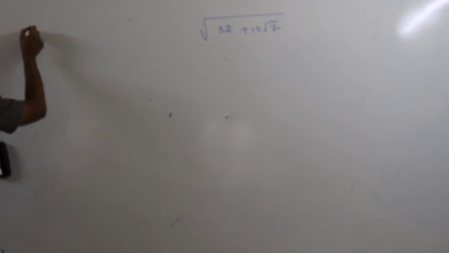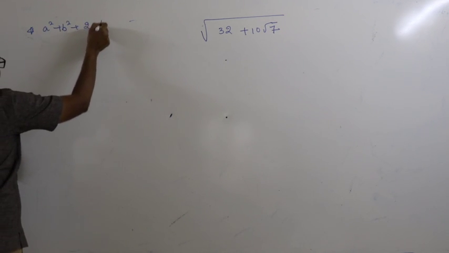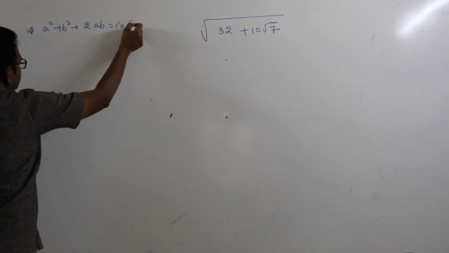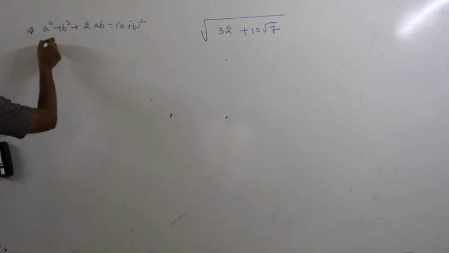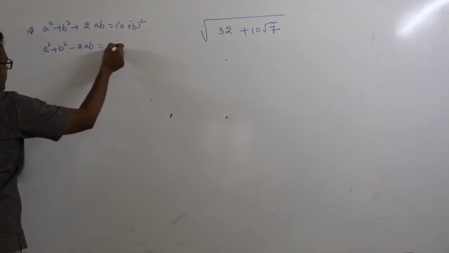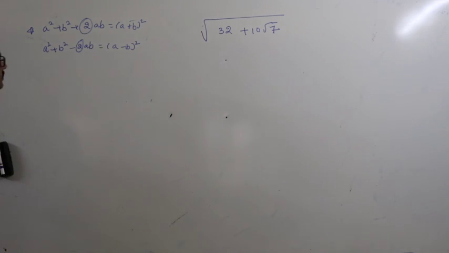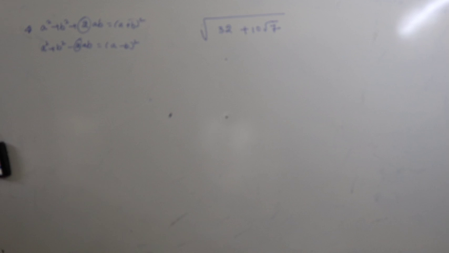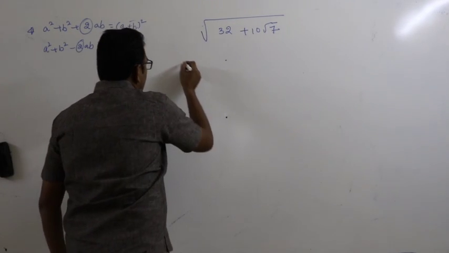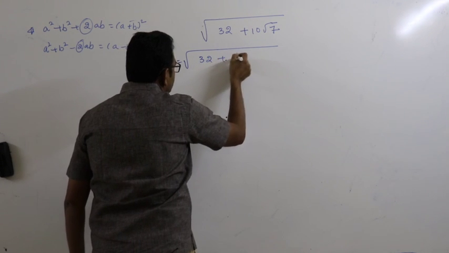Now we observe that here a square plus b square plus 2ab is equal to a plus b whole square, and a square plus b square minus 2ab is equal to a minus b whole square. This is always 2 only. Now this equation is solved by always reducing into 32 plus 2 root something.